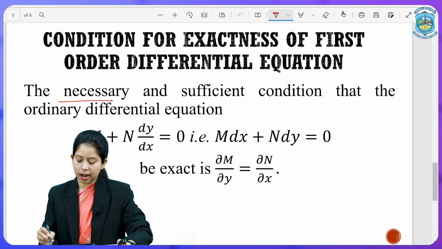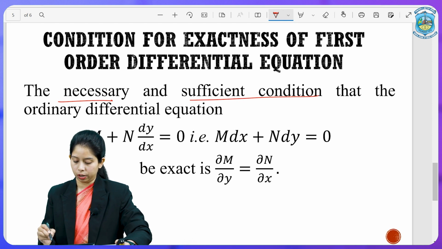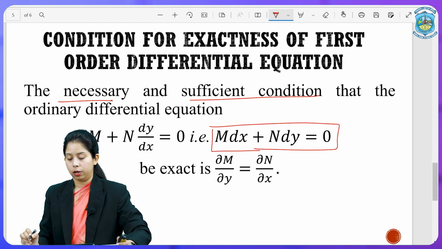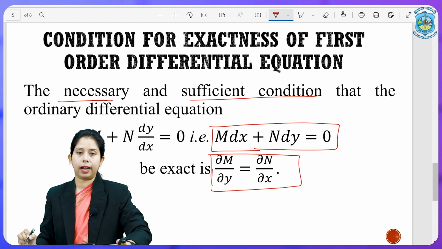The necessary and sufficient condition that the ordinary differential equation M dx plus N dy equal to 0 be exact is del M by del y is equal to del N by del x.